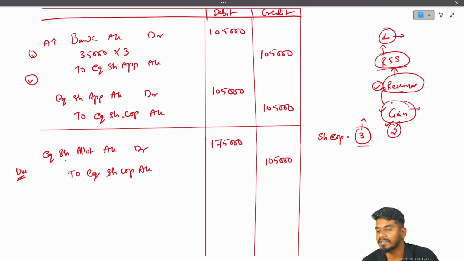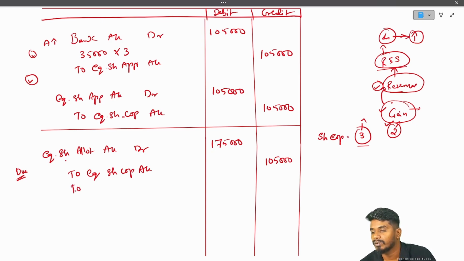So the remaining is securities premium. Securities premium is a liability because we will show it in reserves. Correct. So it is a liability, and if a liability increases, we need to show it on the credit side.